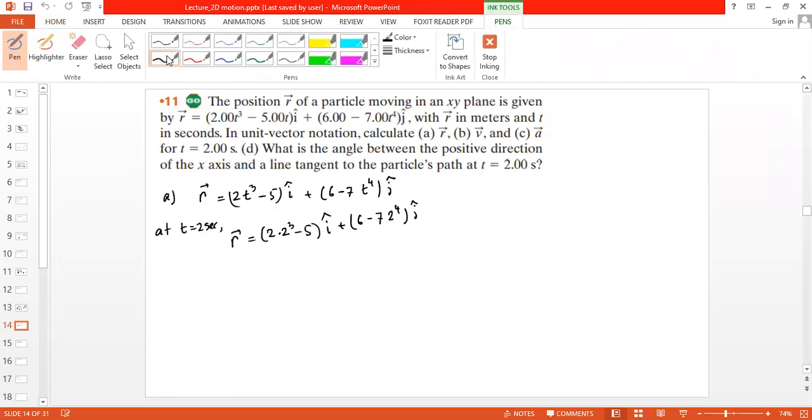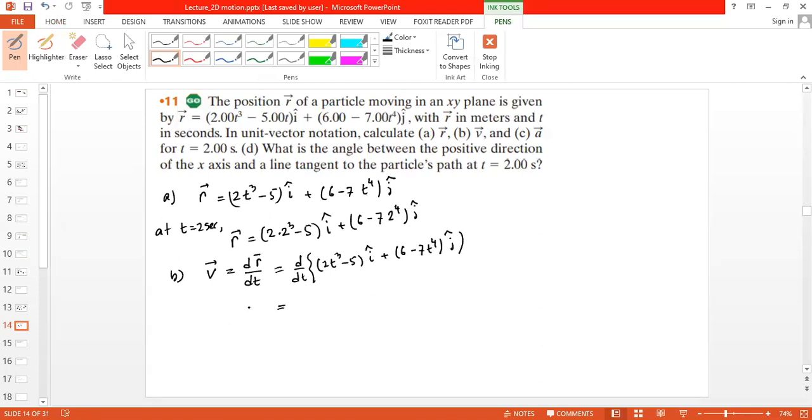So now here is a thing. Let's do it again. Velocity, right? So velocity means dr over dt, right? That means I have to differentiate this thing with respect to time. So that is d/dt of (2t cubed minus 5) i plus (6 minus 7 t to the power 4) j, right?